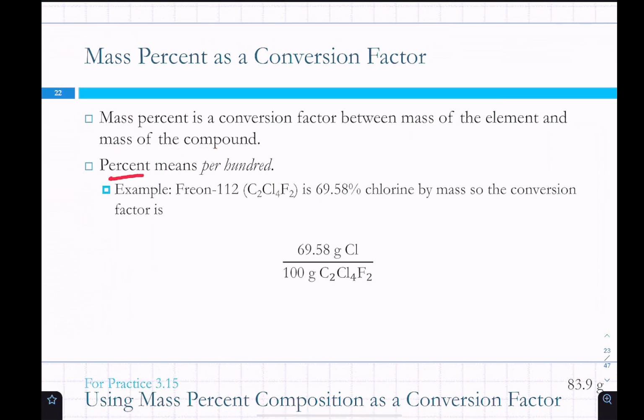And since percent means per 100, we could rewrite something like the percent mass of chlorine in Freon 112, which is 69.58. If we had 100 grams of the Freon 112, then we would have 69.58 grams of chlorine from that Freon. Freon, by the way, is an ozone-depleting substance.